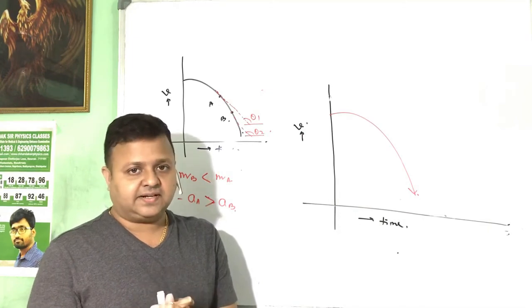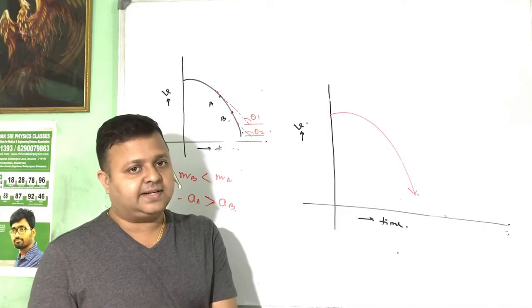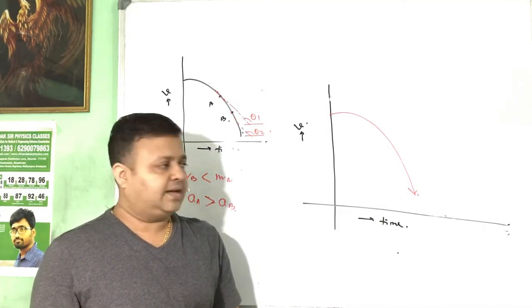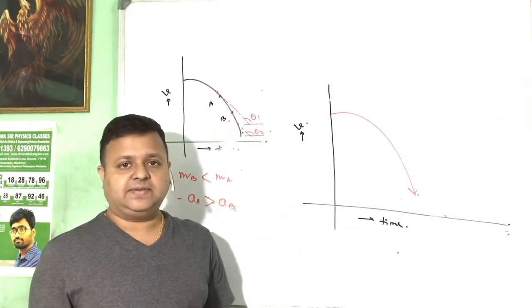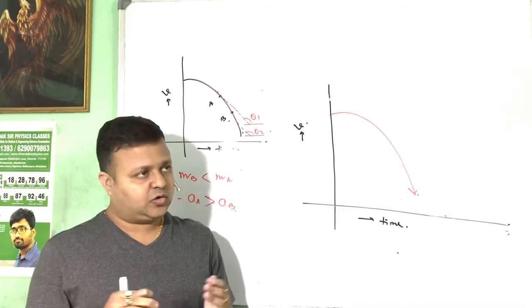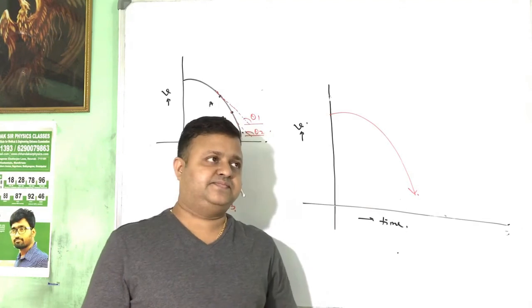The angle is different, so the slope is different. That means the retardation is different. Why is it retardation? Because it is a negative slope. The slope at different points of this curve is different.